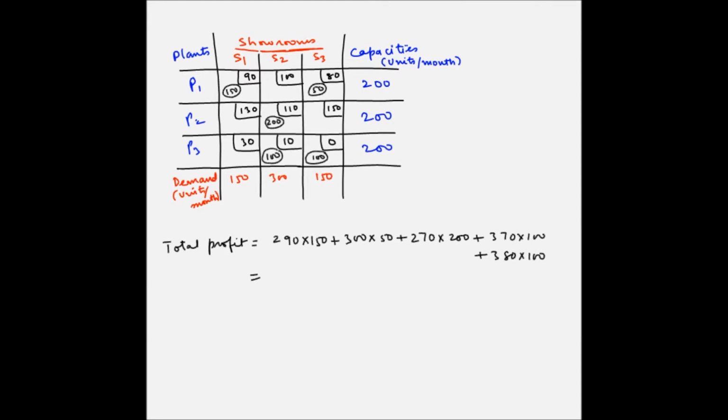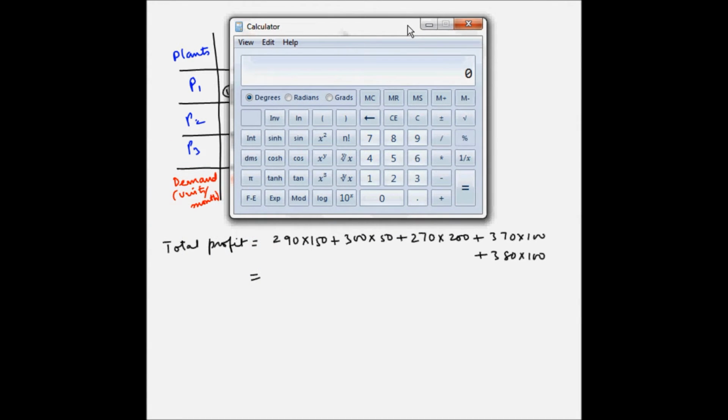Let me pull my calculator. So 290 multiplied by 150 plus 300 multiplied by 50 plus 270 multiplied by 200 plus 370 multiplied by 100 plus 380 multiplied by 100.